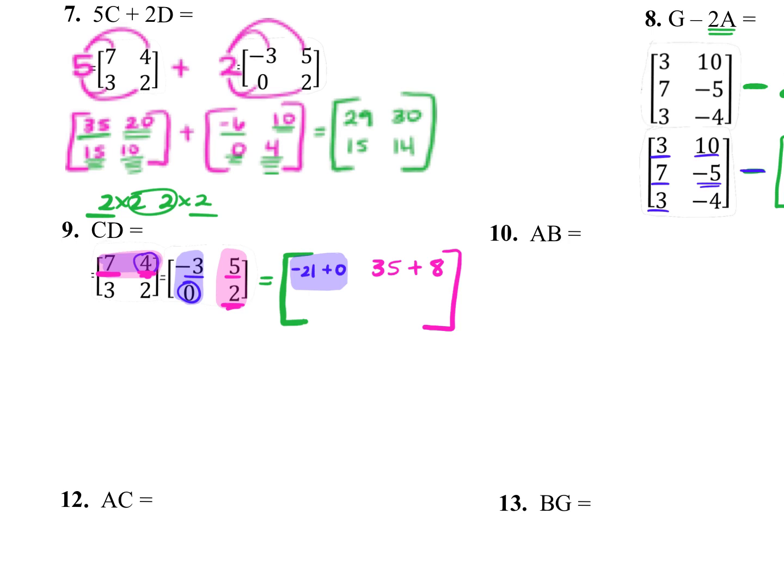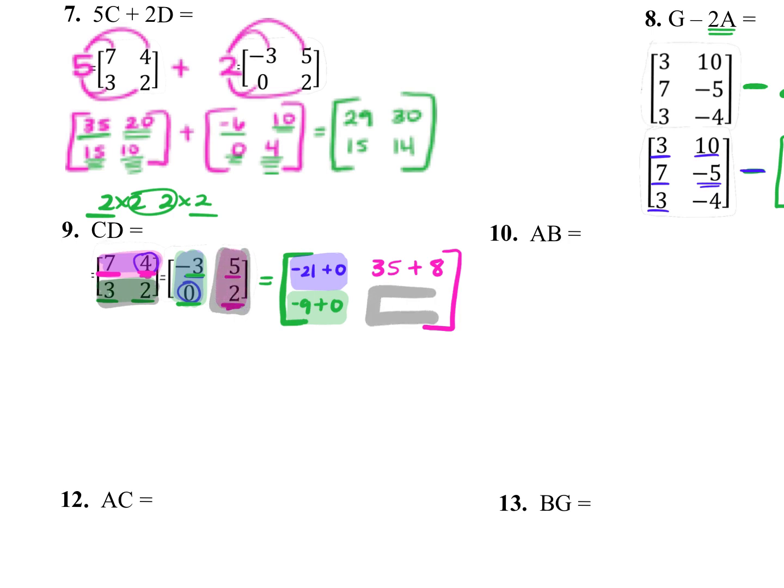Now we're going to move down, and we're going to do the second row, first column, and that's going to go right here. So that is 3 times a negative 3 is a negative 9, plus 2 times 0, so that's 0. And then last one, we're going to go second row, second column.